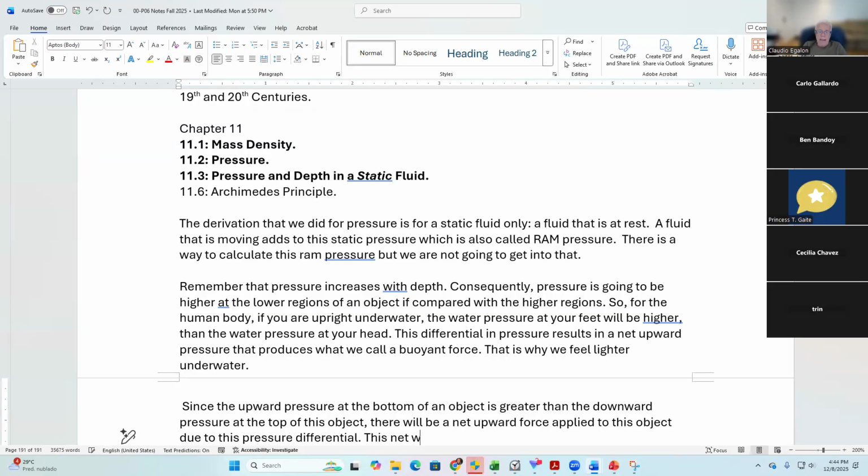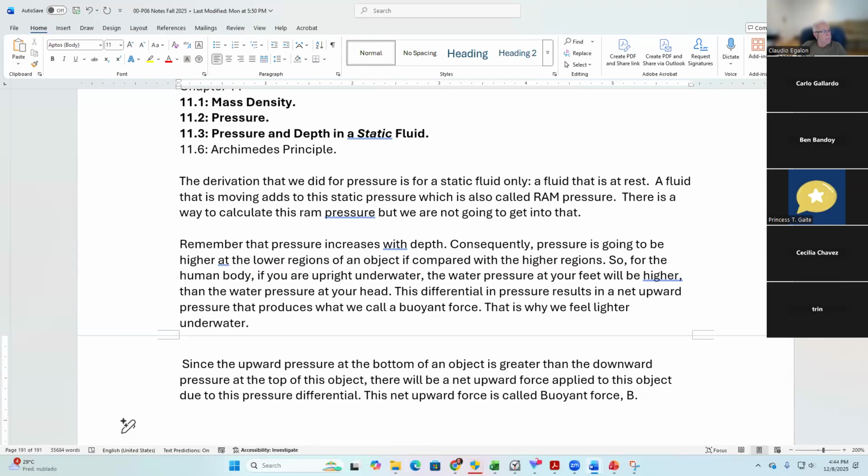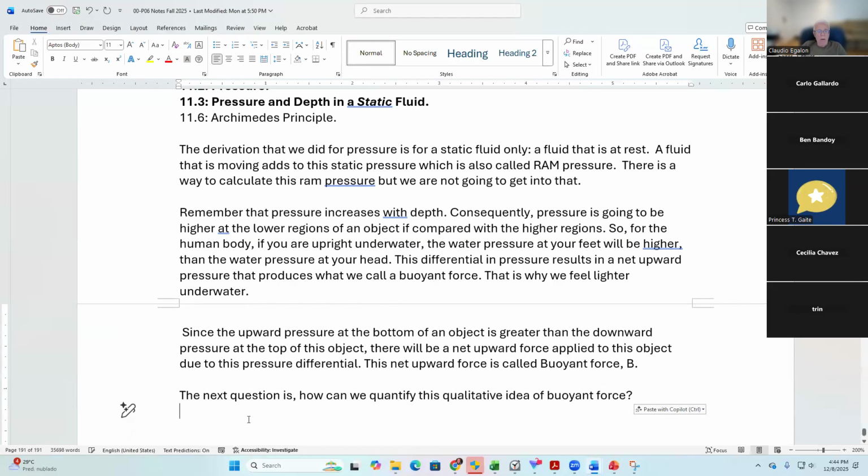This net upward force is called, there's a name for this force, buoyant force, okay? And it is represented by the letter B. And the question is, how can we quantify this buoyant force?